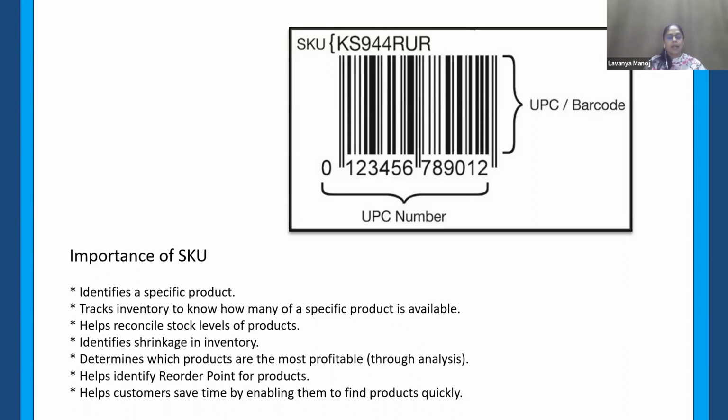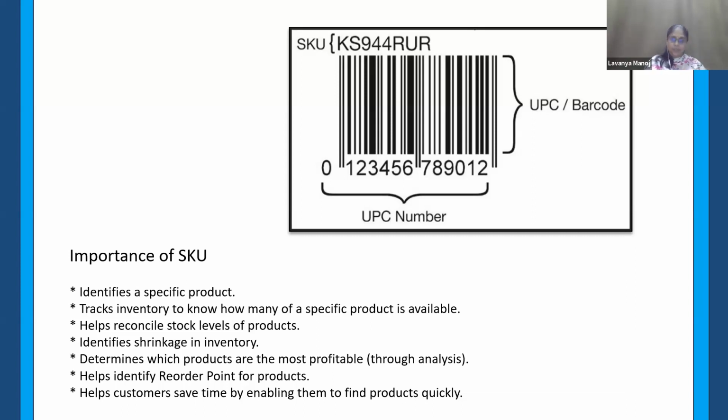Instead, I can have an SKU code. Maybe I can start with my name, LAV. LAV will be the start of the SKU code. It's completely the retailer's choice. LAV hyphen WHI for white, hyphen TS for T-shirt.